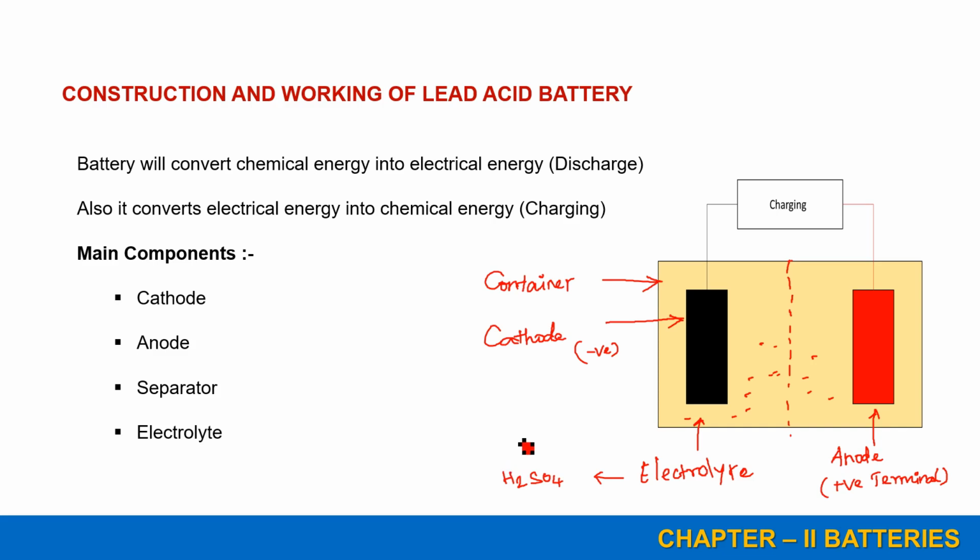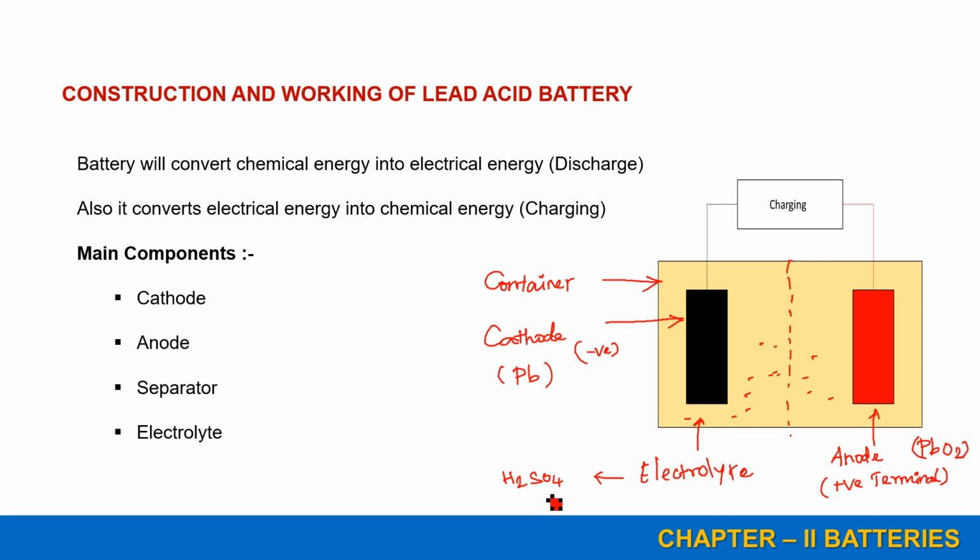So this is the construction. The anode is the positive plate. The anode is lead peroxide. Lead peroxide material is taken as the anode, and then sponge lead is the cathode. For the reaction purpose they take sponge lead. Your electrolyte is H2SO4, sulfuric acid.